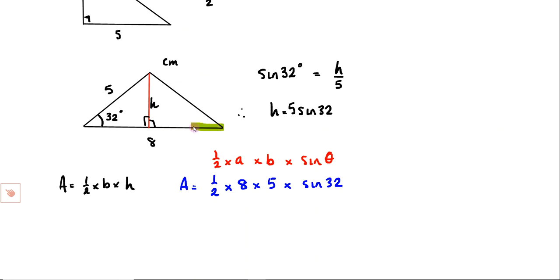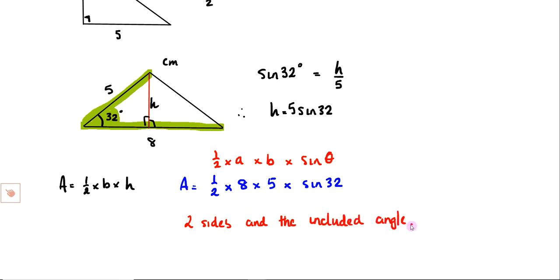Because what do you notice? A was that side, B is the height. B is that one, and the angle. So, just like when we talked about the cosine rule, we must have two sides and do you remember it being called the included angle?